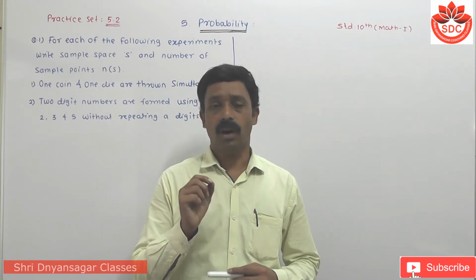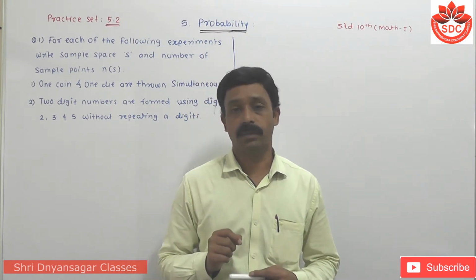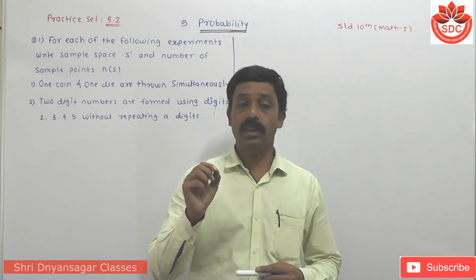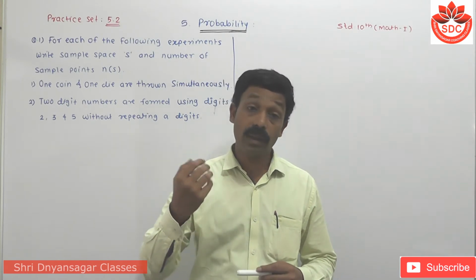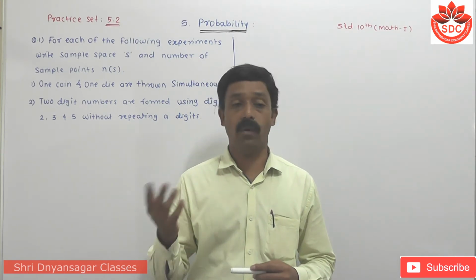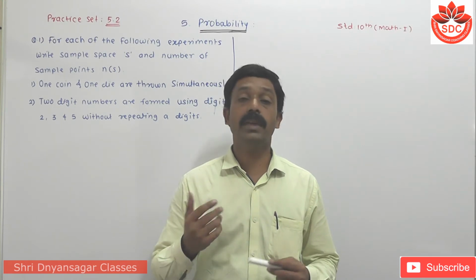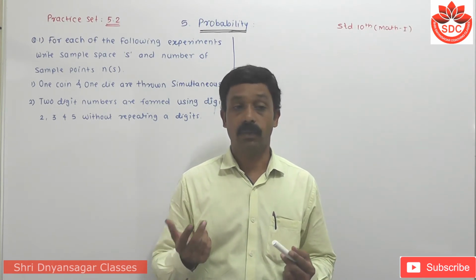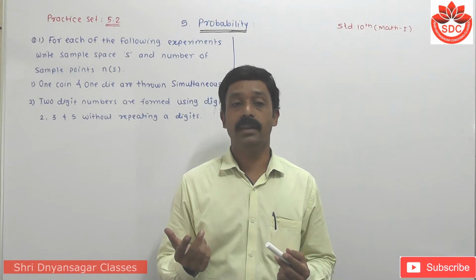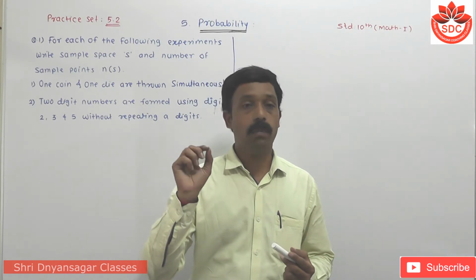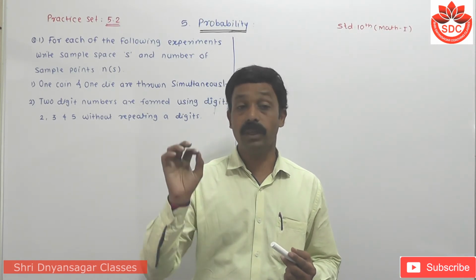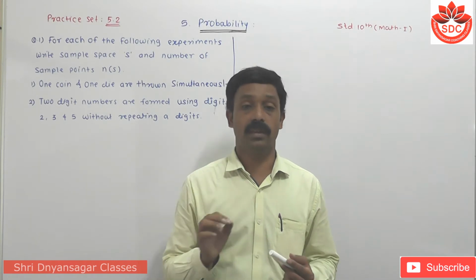All of you know that a random experiment means an experiment in which all possible results are known in advance, but none of them can be predicted with certainty, and there is an equal possibility for each result.